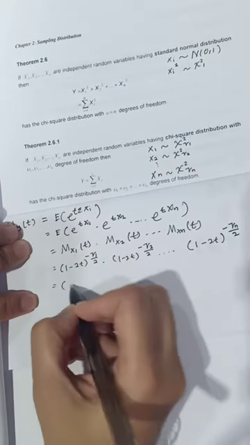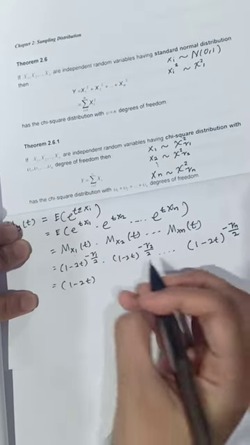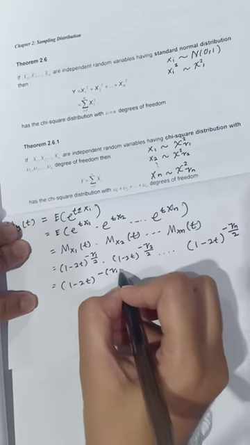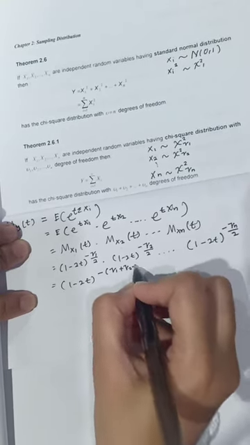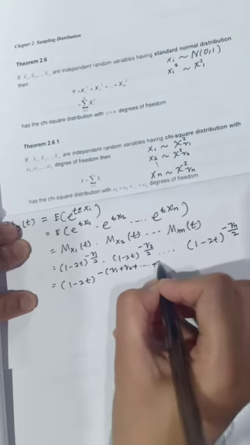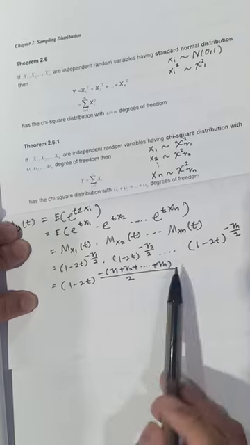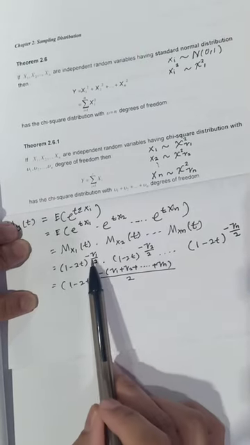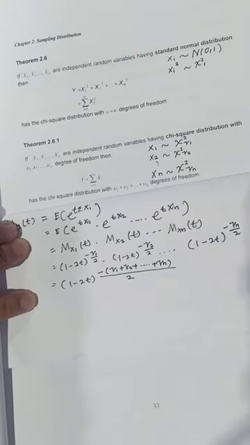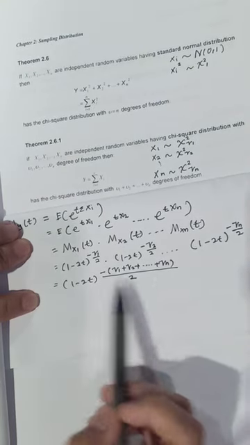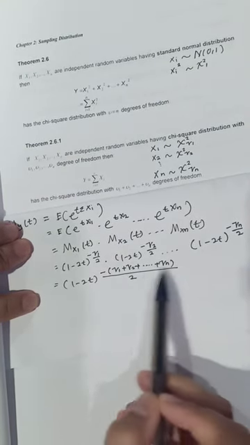So the indices will be added, and we can write it like this: nu1 plus nu2 up to nu n, divided by 2. Is it true? You will get this when you add the indices. So this is our final MGF that we get.